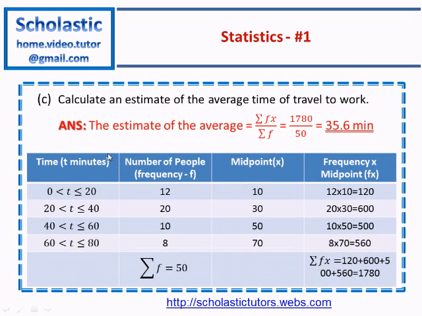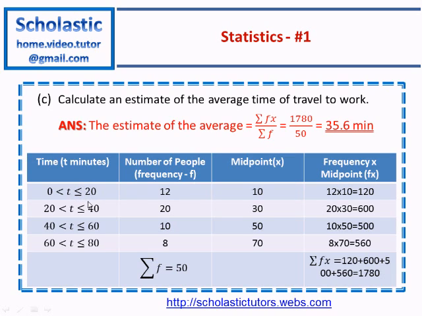And the third one is to calculate an estimate of the average time of travel to work. It's an estimate because we can't find the exact value, as we don't know the exact timings, only the class boundaries. So we have to add two more columns to the table: first the midpoint column, and second the frequency times midpoint column.